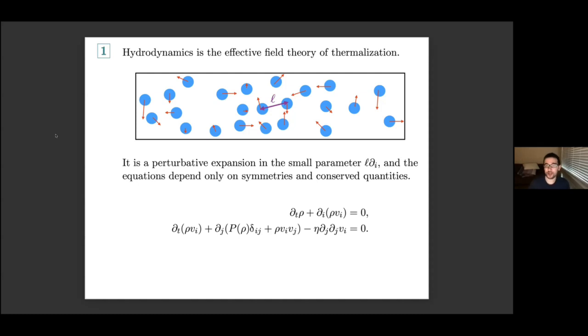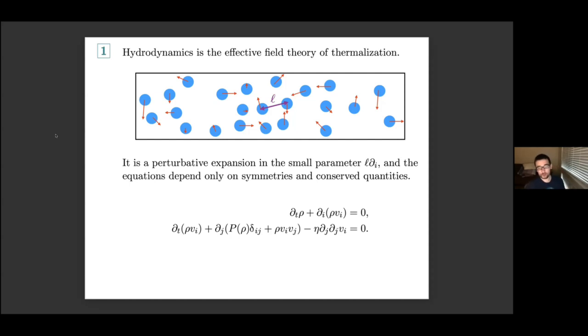Let me integrate out all of the short distance chaotic physics in the system. And on very long length scales, I'll be left with a much simpler effective theory, where the degrees of freedom only correspond to locally conserved quantities.